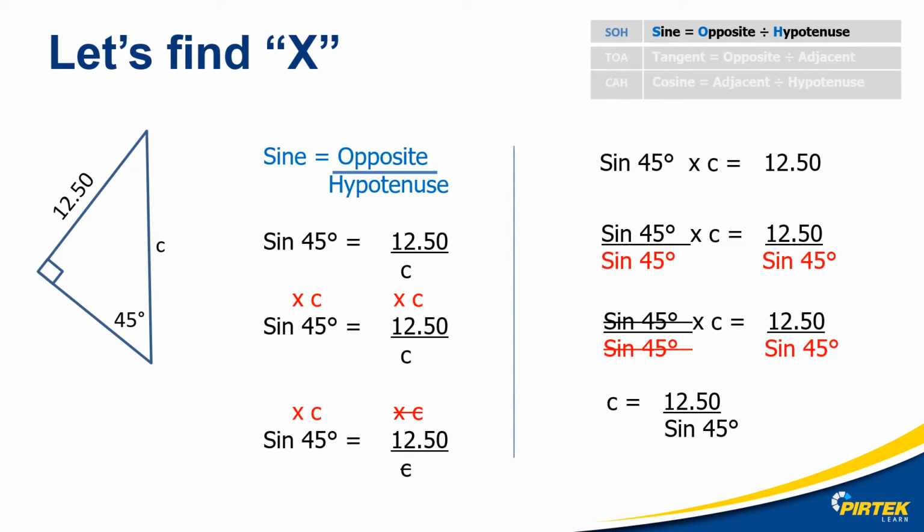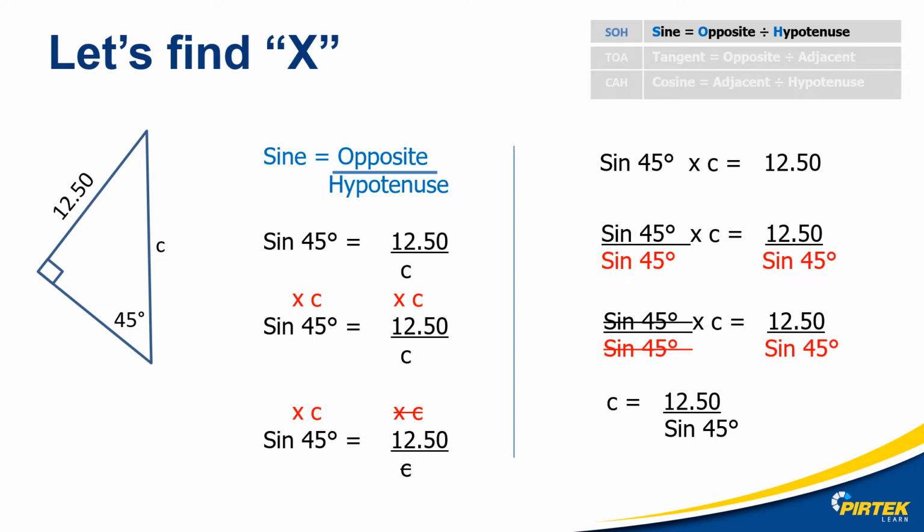Let's populate our formula. Sine 45 equals opposite over hypotenuse. So sine 45 equals 12.5 over C. We need to get C on its own, or make it the subject of the equation. So first thing we'll do is multiply both sides by C. Therefore, both C's on the right hand side will cancel each other out. Now we have sine 45 degrees times C equals 12.5.